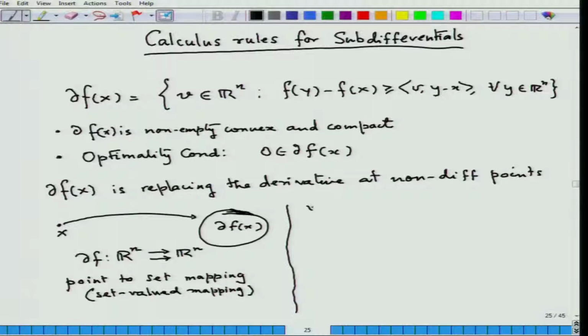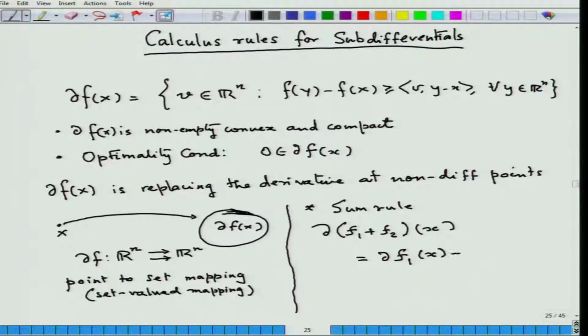Let me think about one rule, which is the sum rule. You take two convex functions f1 and f2, and take their subdifferential at a point x. Do you have this rule? That is the question.